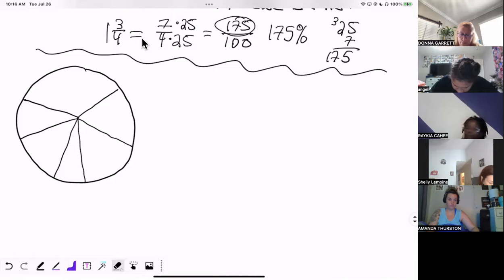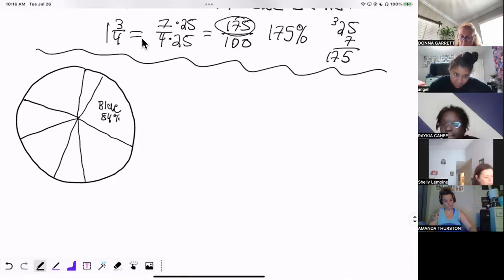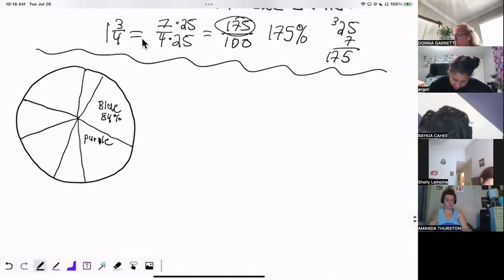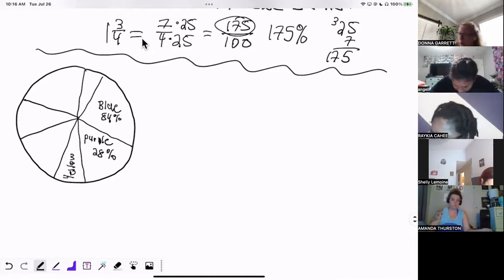I'm moving this one. 1, 2, 3, 4, 5, 6, 7. 1, 2, 3, 4, 5, 6. Okay, got it. Okay, so then blue, 84%. Purple, 80%. Yellow, that is 12%.